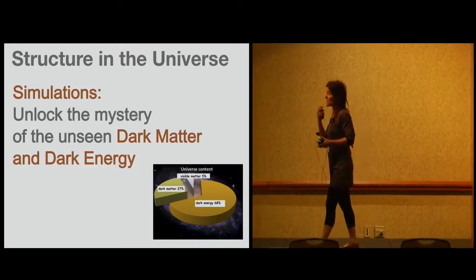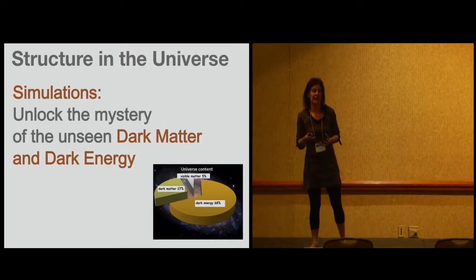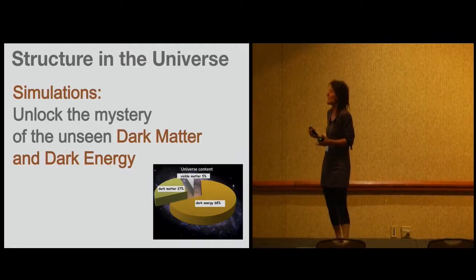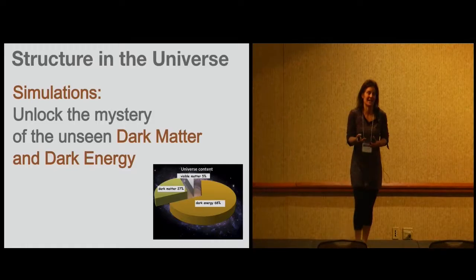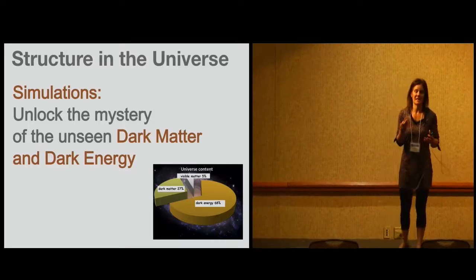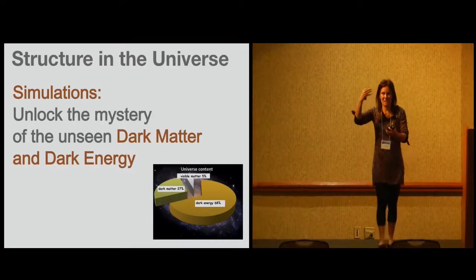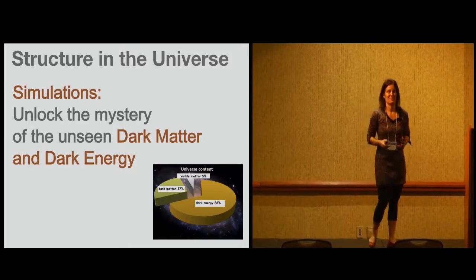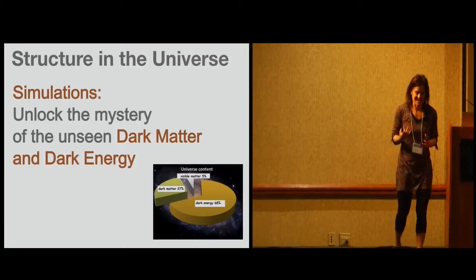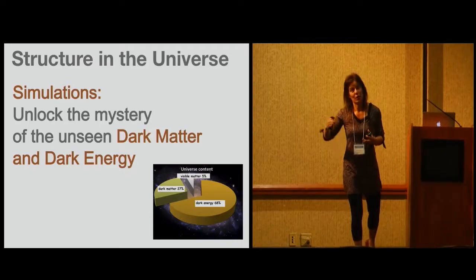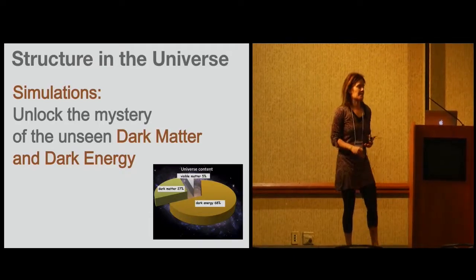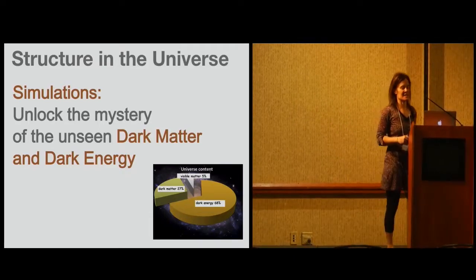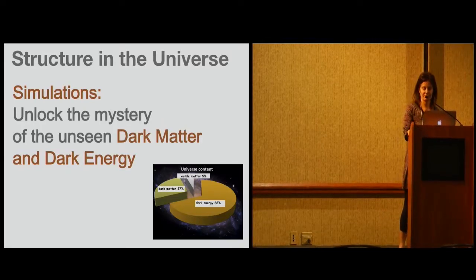So simulations are really the key to unlock the mystery of what this dark matter and dark energy is that we cannot see directly. So we go to simulations and we are able to put this matter to light, right? We give it some light, and then statistically and in a very complex way, compare it to the light that we see and the galaxies that we see in these surveys.